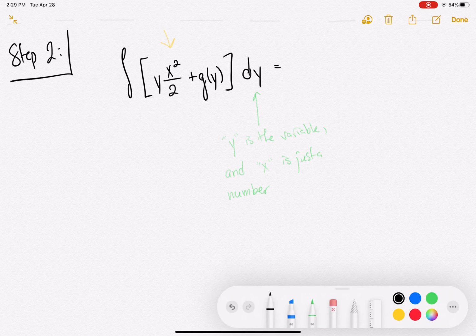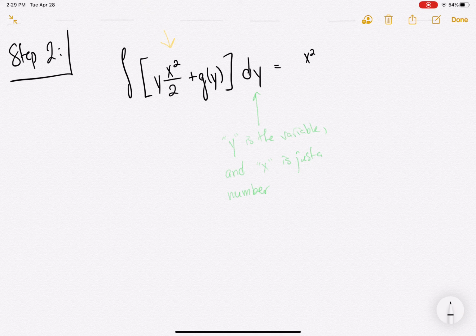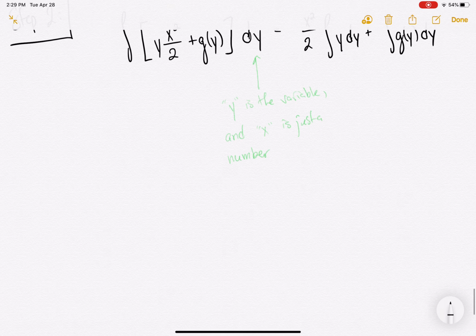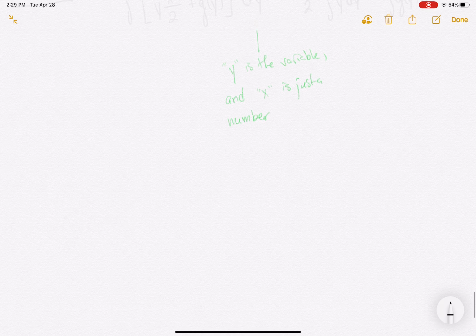So this integral is actually x squared over 2 integral of y dy plus integral of g of y dy. And if I integrate this first piece, I can do that pretty easily. X squared over 2 on y dy. We know how to do that.